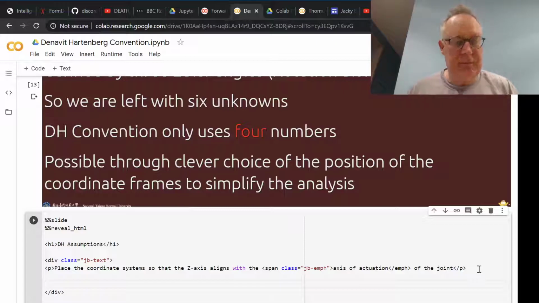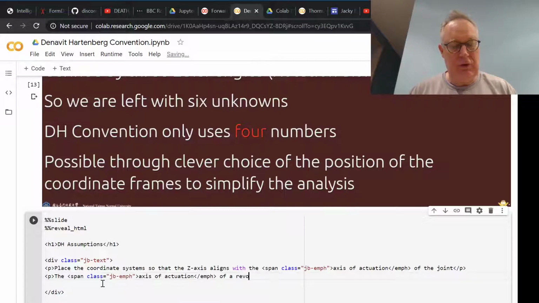The axis of actuation of a revolute joint is the axis that we rotate around.